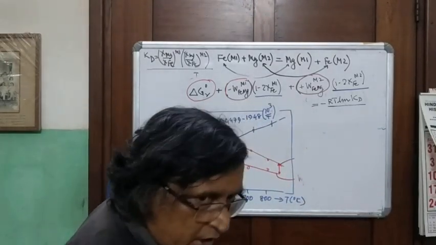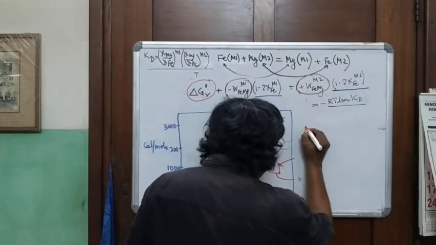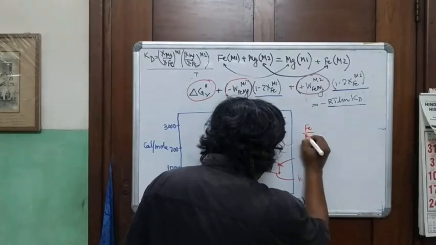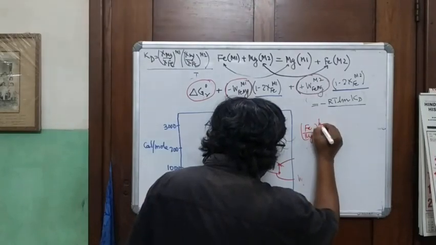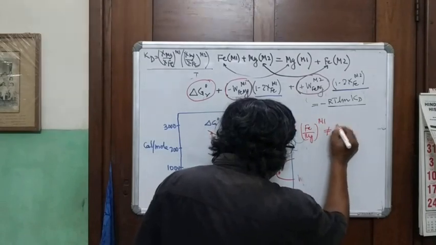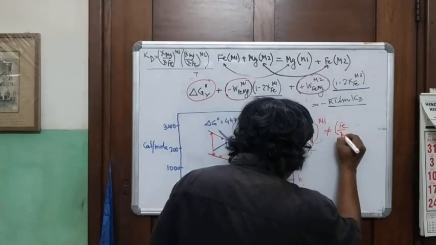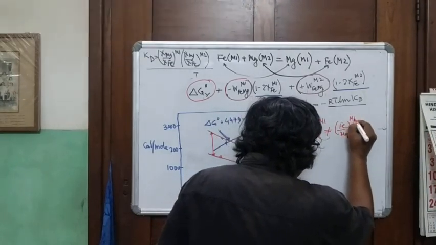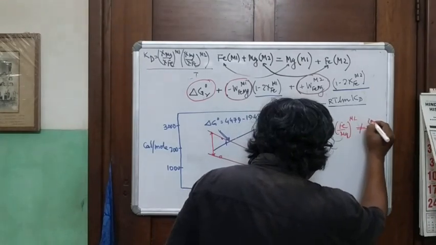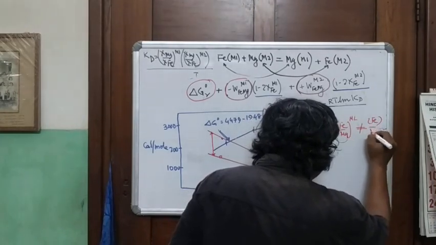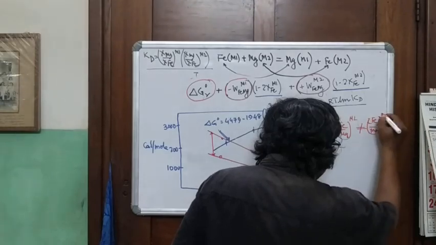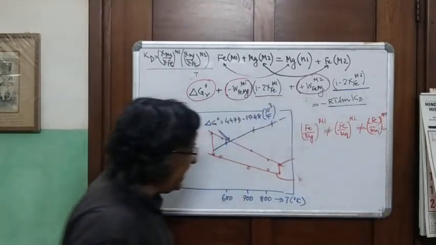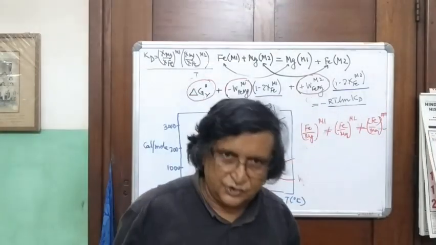What is a disordered exchange? Fe by Mg in M1 is not equal to Fe by Mg in M2, is not equal to Fe by Mg in orthopyroxene. That's called a disordered structure.